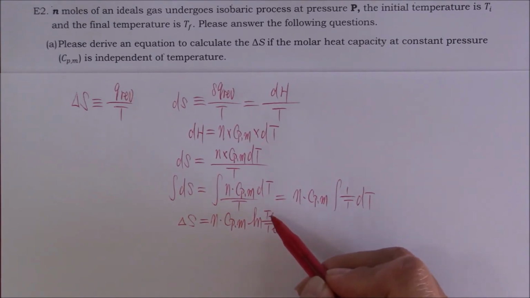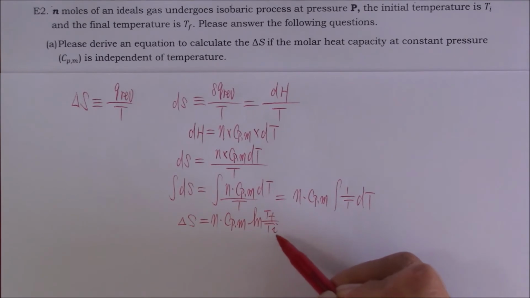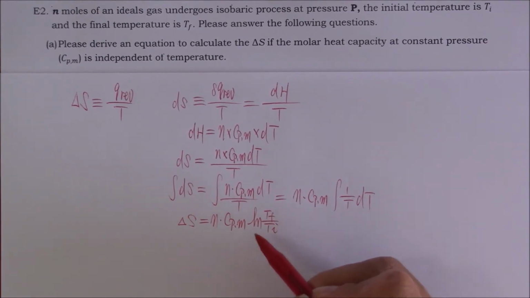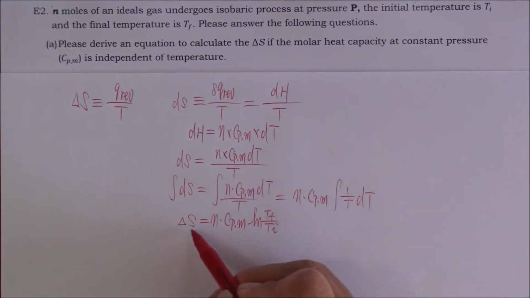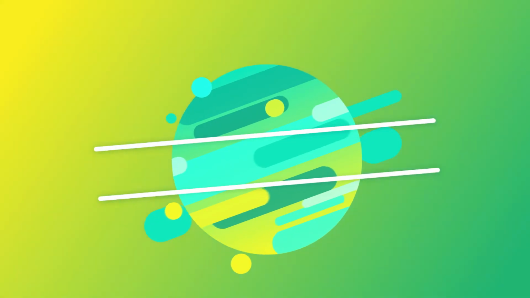Therefore, the ratio between Tf and Ti is larger than 1. Natural log Tf over Ti will be positive. Therefore, delta S is positive. That means the value of the entropy in the final state is larger than the value of the entropy in the initial state.